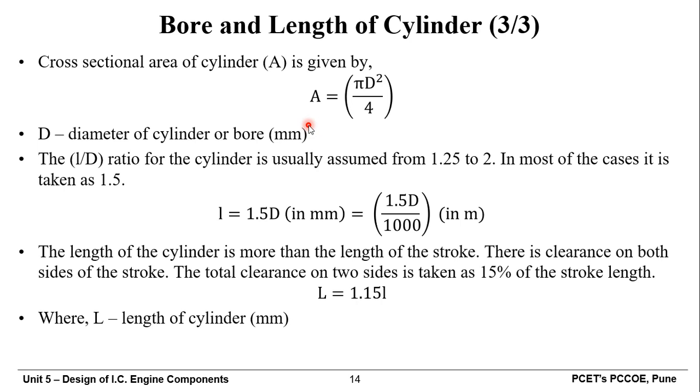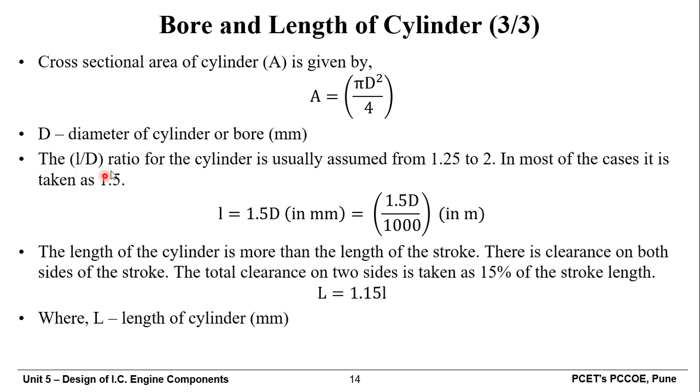one of the dimensions will be available, as we were interested in diameter, stroke length, total length or length of the cylinder, and thickness. So here you will be getting the diameter of the cylinder, or it is also called bore. Now there is an empirical formula that is generally used for estimating other dimensions. So here you can see the stroke length.